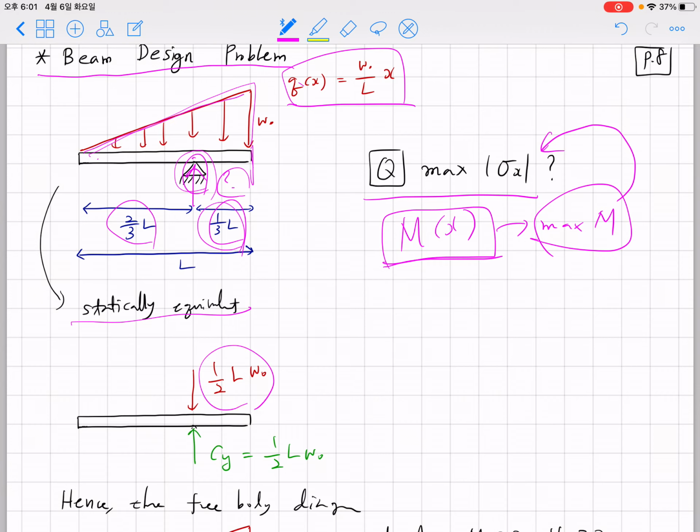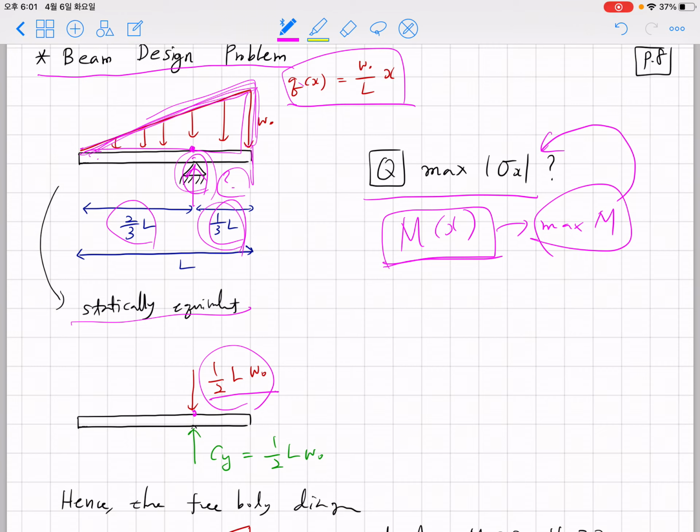This is the total force applied for the entire top surface, and the statically equivalent problem can be devised by placing this point force at the center of the weight, which is the 1/3 position because it has a triangular distribution. From here we can obtain the reaction force as half L W0.